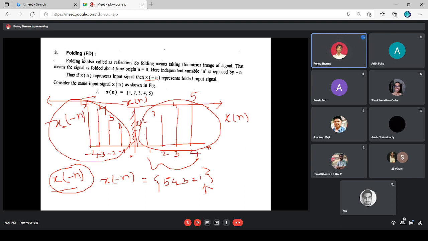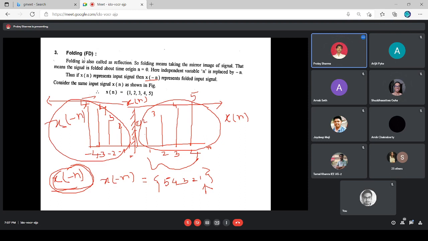So if we proceed with the folded signal, obviously we have to consider this mathematical expression x[-n], and we have to do whatever operation we intend to do. So obviously x[n] will not be there in that case. The signal will be only x[-n] if we consider only the folded signal.